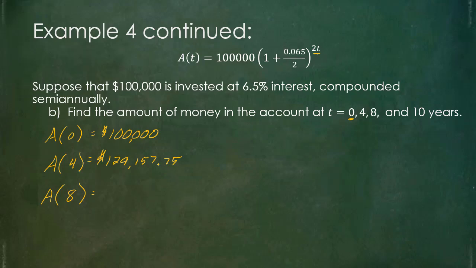So if I were to take the time to compute all of that, that's going to turn into, let's see, 166,817, and it looks like about 25 cents this time. And then the last one here at 10, turns into what looks like 189,583 and 79 cents this time.